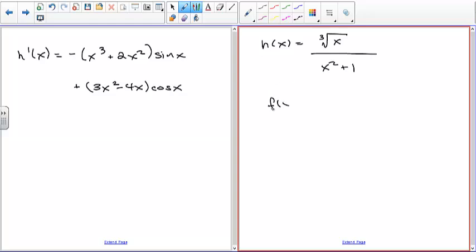And we'll let the numerator be called f of x, and we'll let the denominator be called g of x. Now you have to rewrite the cube root as a fractional exponent. So the square root's 1/2, the cube root's 1/3, the fourth root is 1/4. We don't have to do anything with this one.